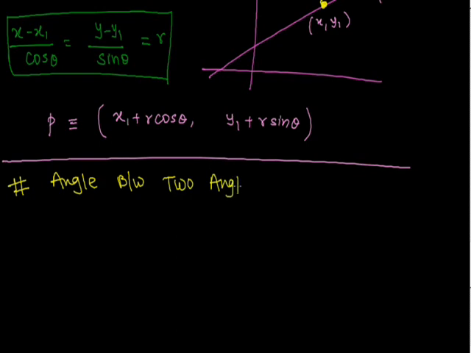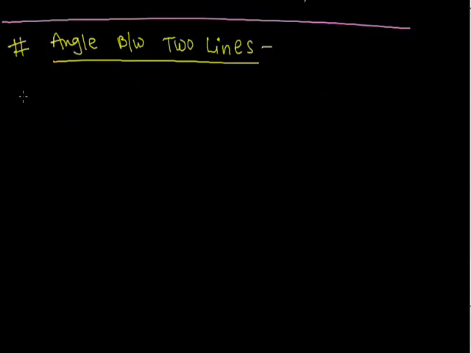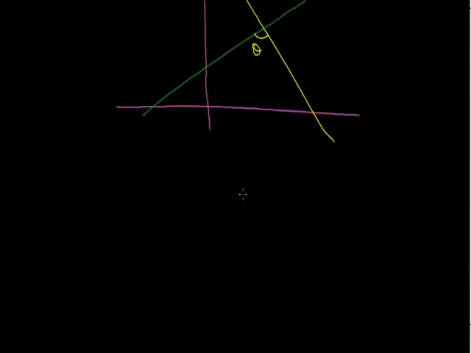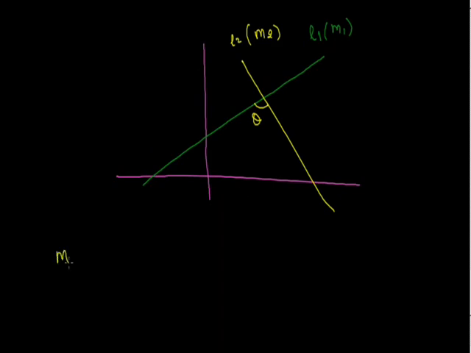Angle between two lines. If we are given two lines and we have to find the angle between them, how will we find it? So we can see that if two lines are given, one line denoted by L1 and another by L2, the slope of line 1 is m1 and the slope of line 2 is m2, and the angle between these lines is theta. Then we can find the value of theta, the angle made by these lines with each other.